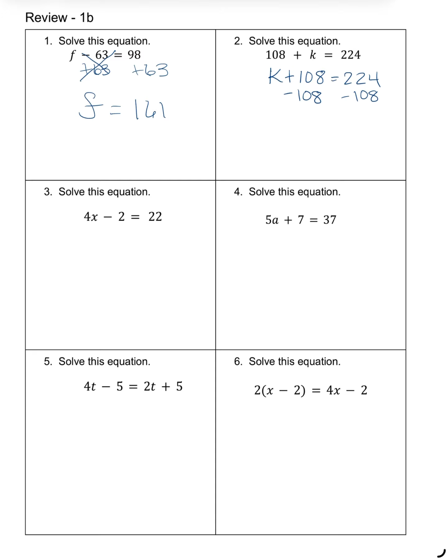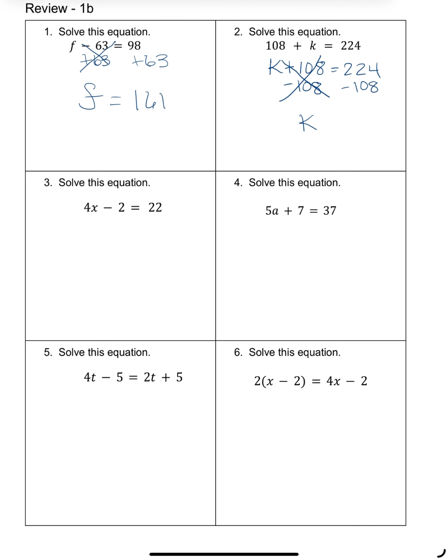So on back to the left-hand side, adding 108 and then subtracting 108 canceled that plus 108 out and just left us with the letter K. Then we grab our calculators, 224 minus 108, and that gives us 116.